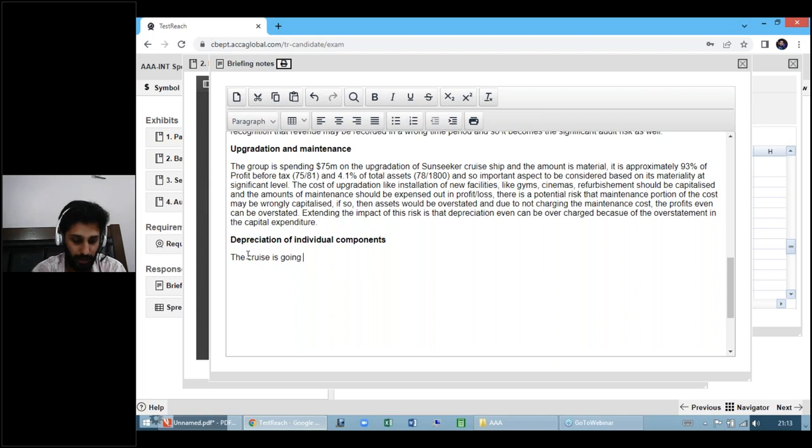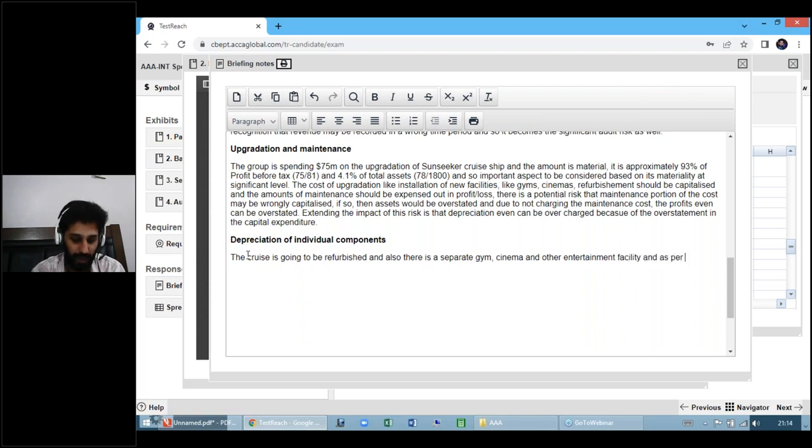The matter is that the cruise is going to be refurbished, and also there is a separate gym, cinema and other entertainment facility.